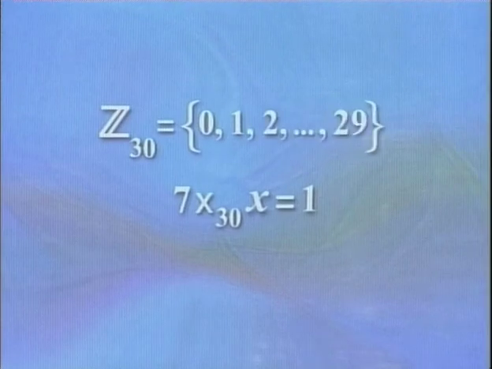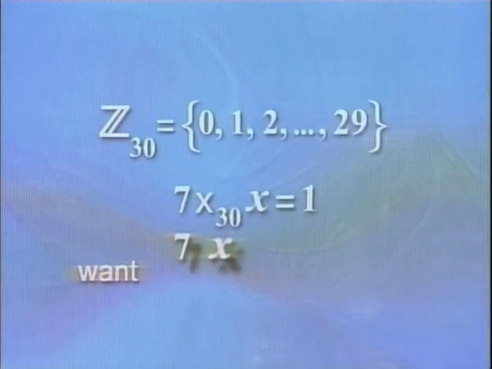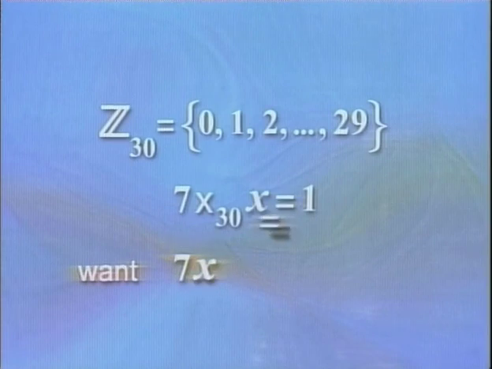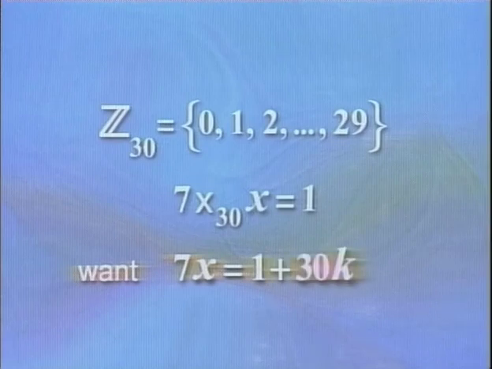By using modulo 30, we mean we're working in Z30, which is the set of remainders when you divide integers by 30, 0 up to 29. And what we want is 7x to equal 1 plus some multiple of 30. Let's say 1 plus 30k. So, if Sarah can find an x with that property, then she'll have solved the problem.